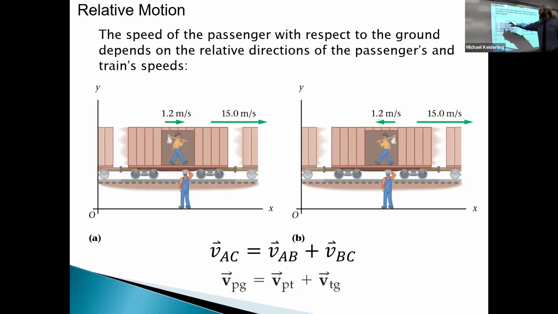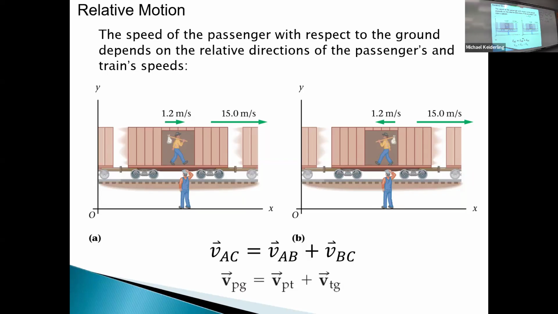Well, we're going to say that this direction is positive again. He's moving at 1.2 meters per second. And the velocity of the train with respect to the ground, that's 15 meters per second. So the velocity of the passenger with respect to the ground is 16.2 meters per second.